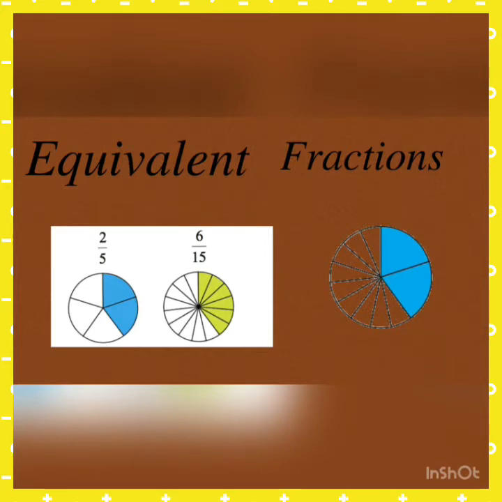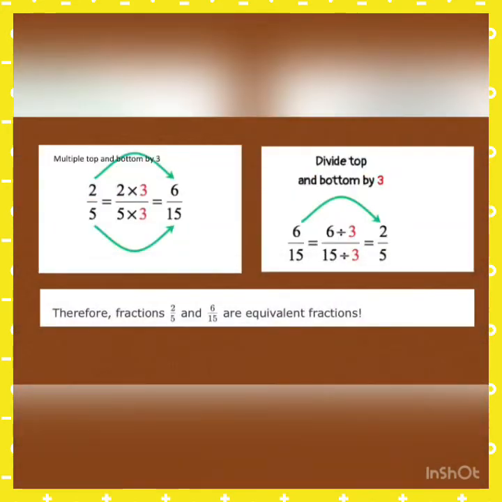And according to the rule also, when we multiply numerator and denominator of 2/5 by 3, we will get 6/15. Similarly, if we divide numerator and denominator of 6/15 by 3, again we will get 2/5.